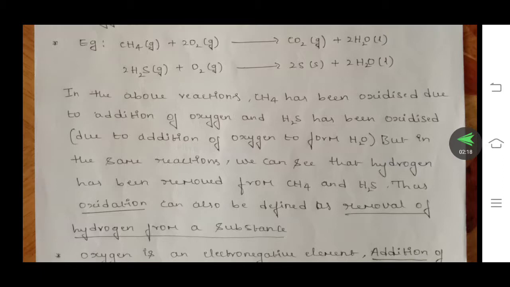Thus, oxidation can also be defined as removal of hydrogen from a substance. So originally, oxidation means addition of oxygen. In CH4 plus 2O2, we are adding oxygen to carbon as well as removing hydrogen. If you are removing hydrogen from any substance, that is also oxidation.